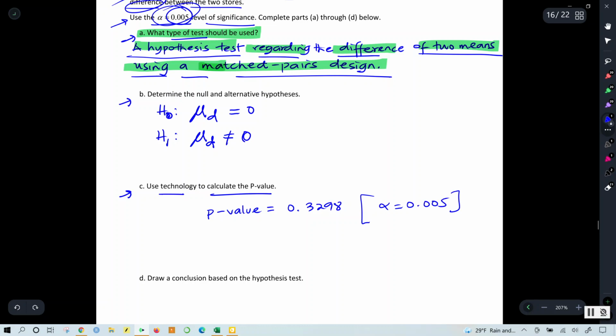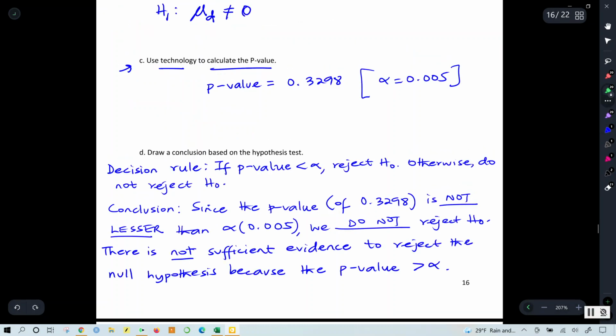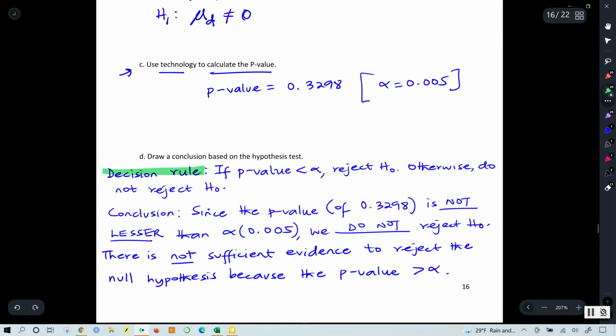What do I observe? To draw the conclusion, we note the decision rule, which says that if the p-value is less than alpha, we are to reject the null hypothesis. Otherwise, we do not reject the null hypothesis. In this scenario, we find that the p-value of 0.3298 is definitely greater than 0.005.